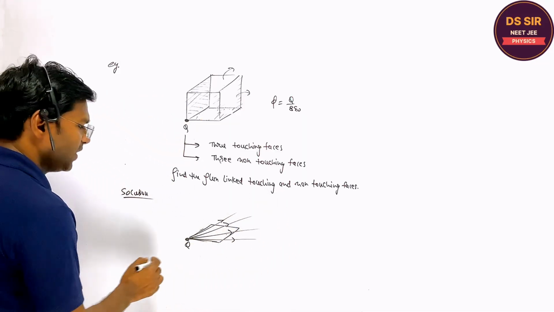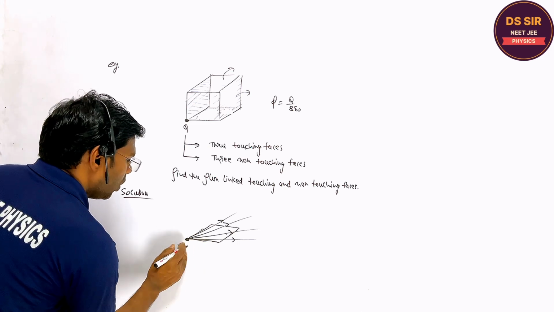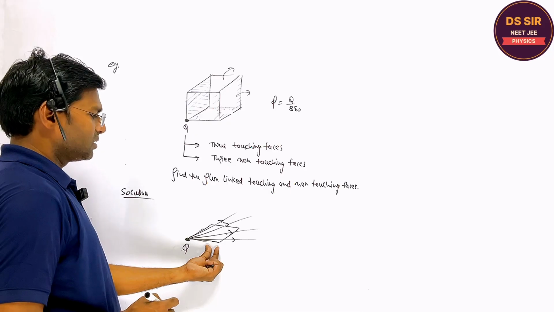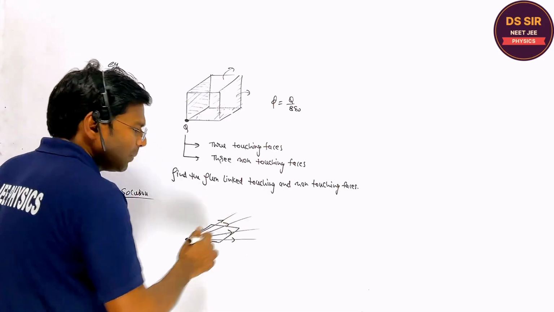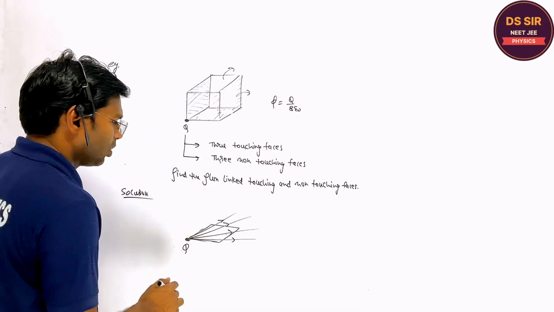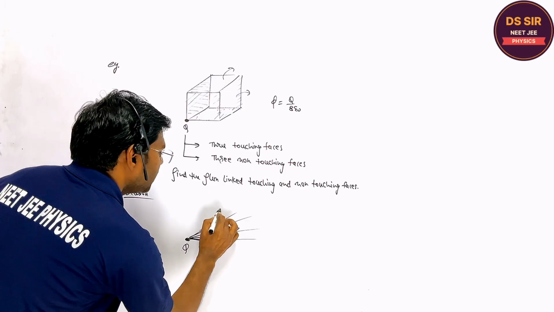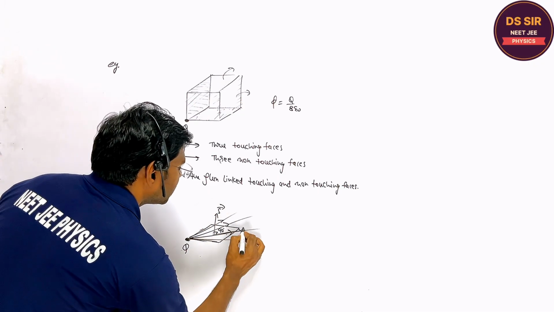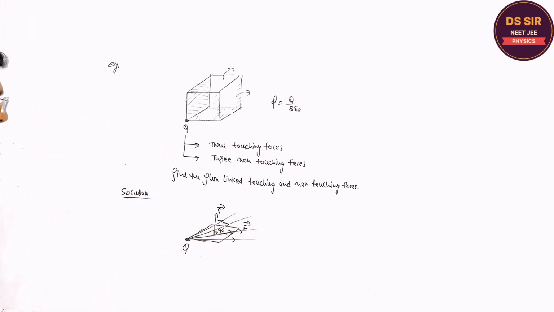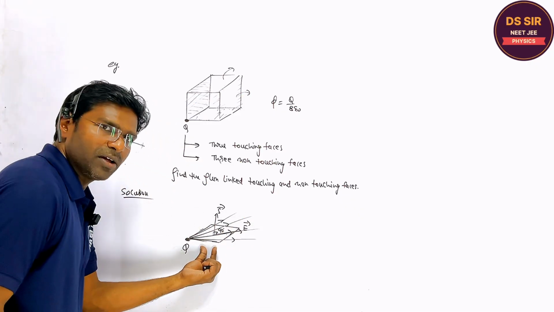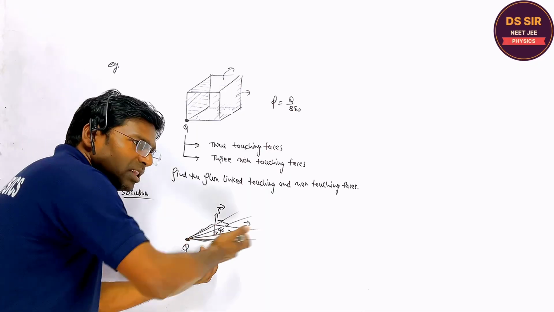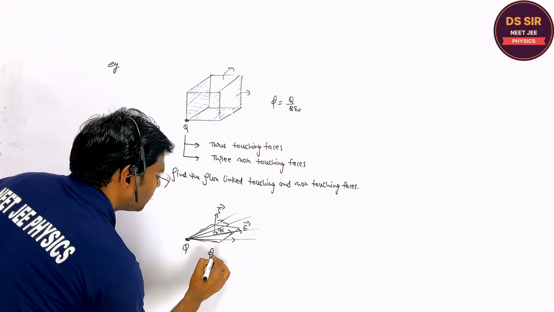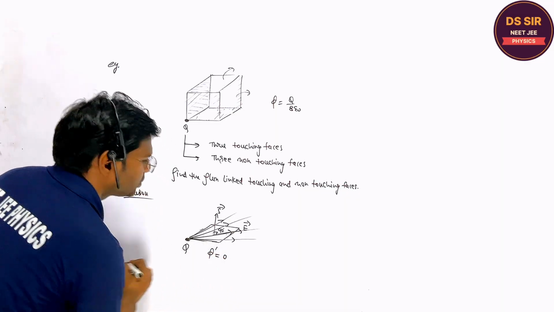So all the electric field lines linked with this face are in the plane. Is it clear or not? If you consider this the surface area vector, the electric field is always at 90 degrees. You understand or not? Since all the electric field lines are in the plane of the face, what will be the flux linked with this? Please tell. The flux linked with this is 0.